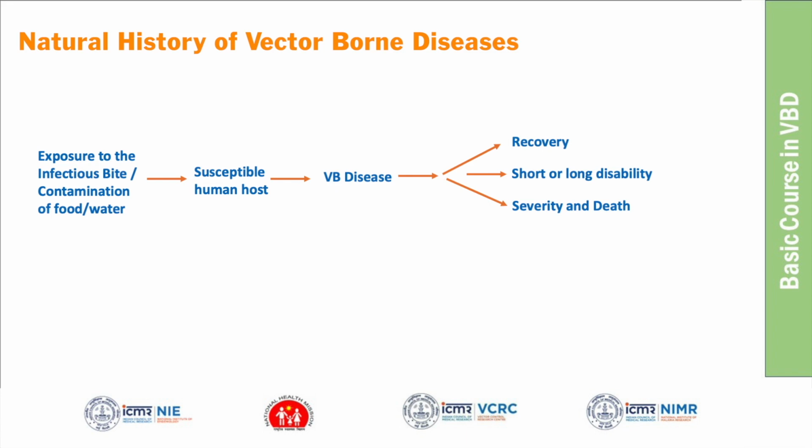The second is short or long disability. For example, in case of lymphatic filariasis, there can be chronic LF disease and may cause a long-term disability, or a short disability in case of malaria, 3 to 4 days, and then recovery, or 7 days, then recovery. Or there can be severity, and severity can lead to death. So these are the three outcomes in the natural history of infectious diseases.